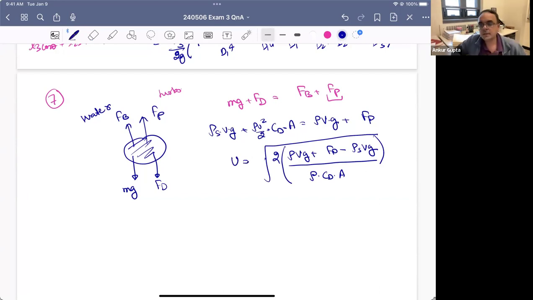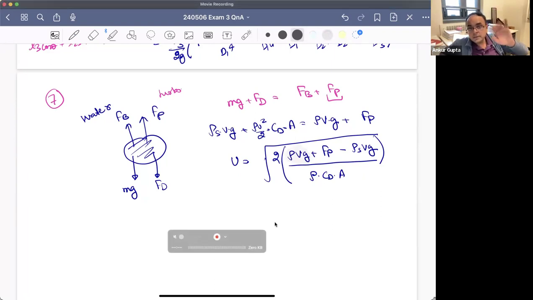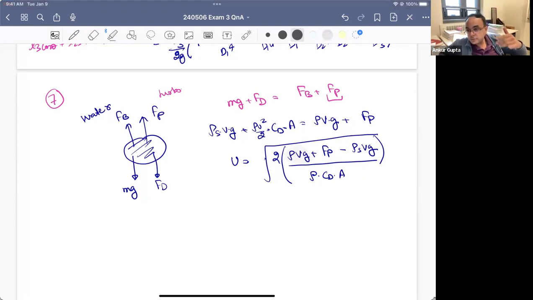I've skipped a couple of steps, but you can verify this and you will get this answer. This is a very good question, Jackson, because my propulsion force has to be greater than my gravity force. There is some contribution from buoyancy, so for my velocity to be positive, the propulsion force plus buoyancy force has to be greater than the gravity force. Otherwise, I will not be able to move upwards because gravity will keep weighing me down.